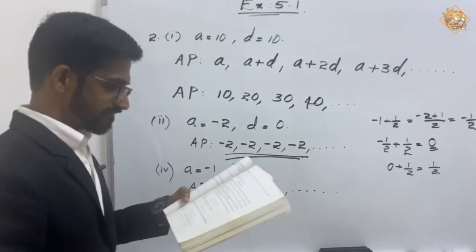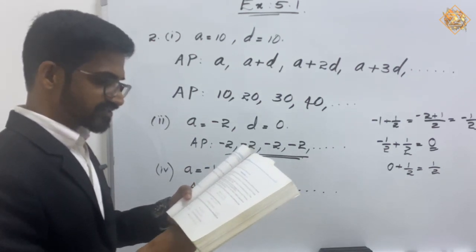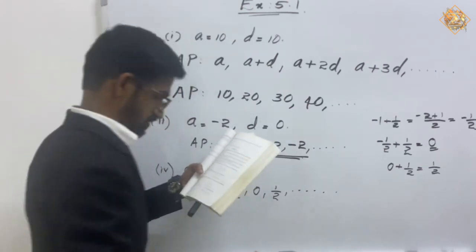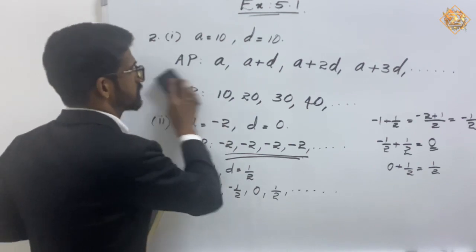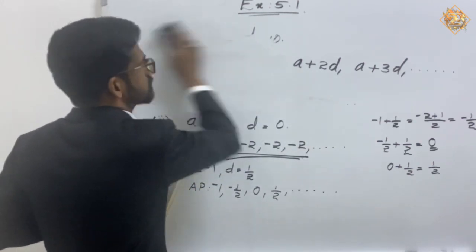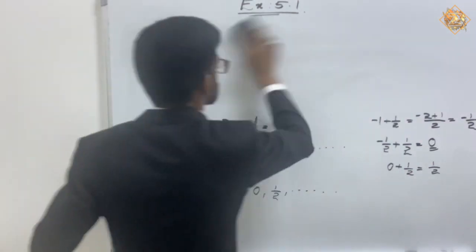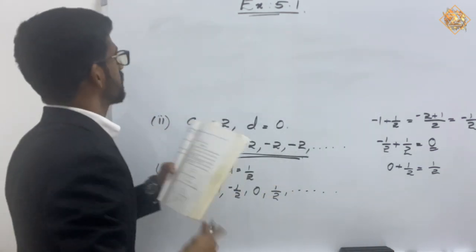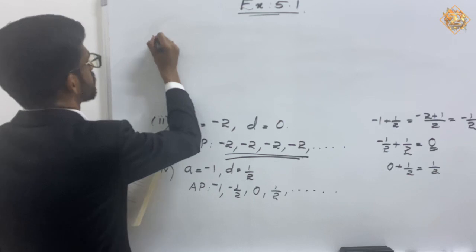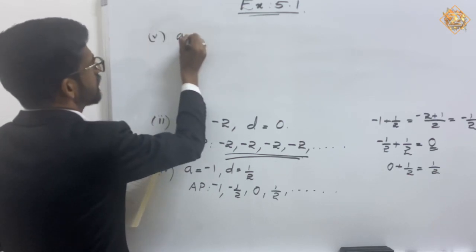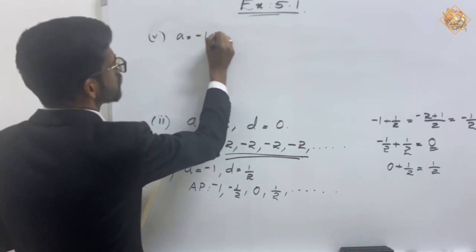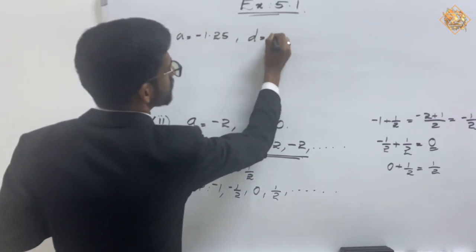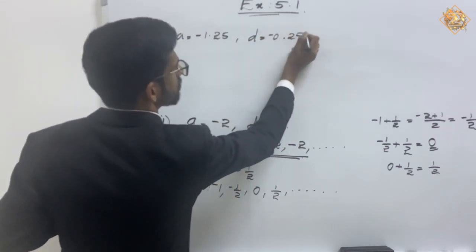And we have question number 5 here. A equal to minus 1.25 and D equal to minus 0.25. We'll just try that. Question number 5. A equal to minus 1.25 and D equal to minus 0.25.